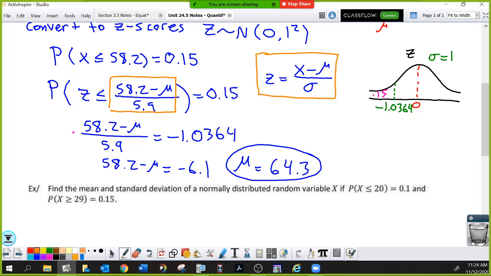That's what I needed to know. And once I found that value of z, which was negative 1.0364, I was able to set it equal to the equation for finding a z-score. So this was just saying z is less than some number that I don't know yet, but I do know that the area will be 15%. That's what that was saying. And I then took the unknown and I go, oh, well, now I know the unknown value is negative 1.0364, which gives me the ability to solve for mu.